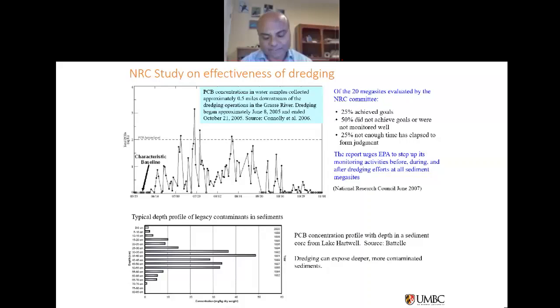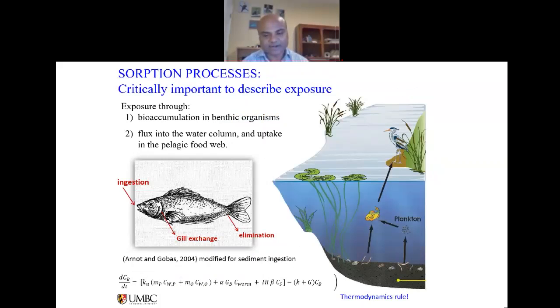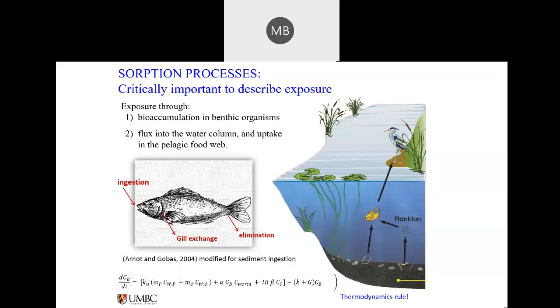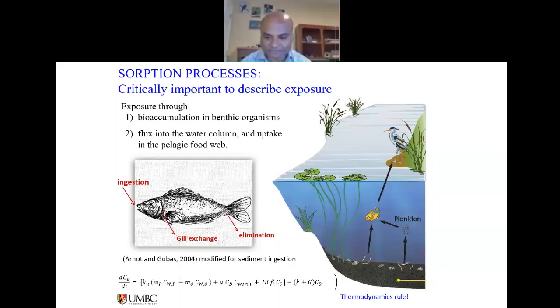So at the core of this is an understanding of how chemicals go from the sediments into the water column and into the fish, and the absorption of these chemicals into the geochemical components in the sediments that controls that exposure. Some types of sediments tend to bind these pollutants very strongly, so these chemicals are not available for uptake into the fish.